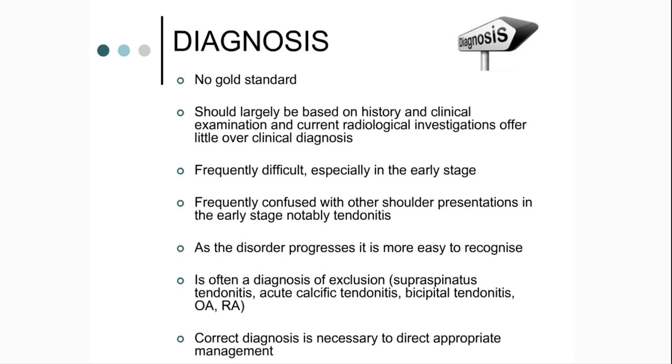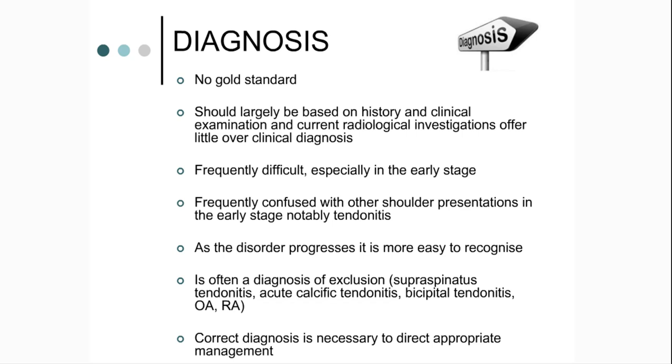I think the examination skills and the tests we have for testing tendinopathies in the shoulder have really poor specificity, and this adds to the fact that they often give false positives, which could lead down an incorrect track. So it's very difficult to diagnose in the early stage, and it's often a diagnosis of exclusion.